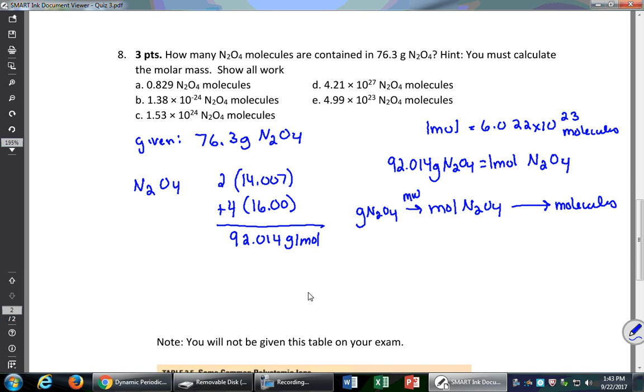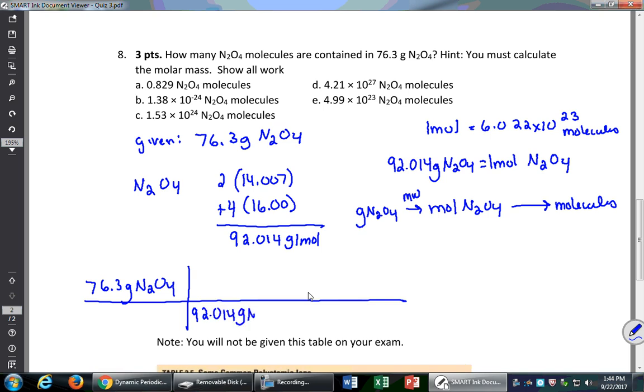All right, so we can do this conversion starting with 76.3 grams of N2O4. Again, we have our molecular weight. We want our grams at the bottom so they cancel out. And our mole of N2O4 at the top.